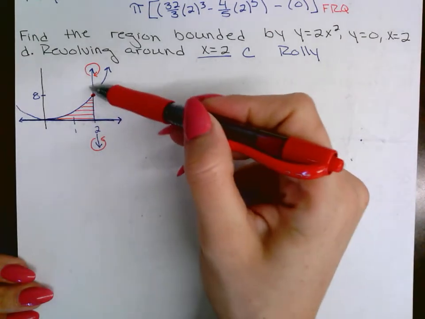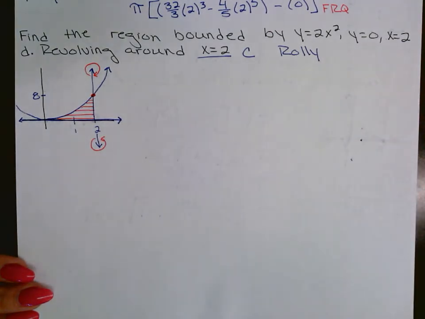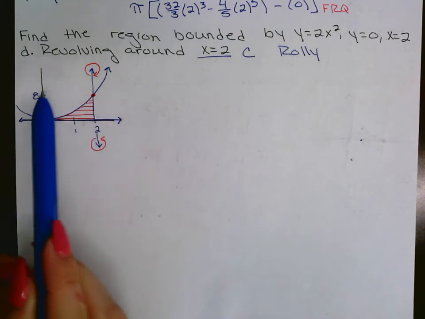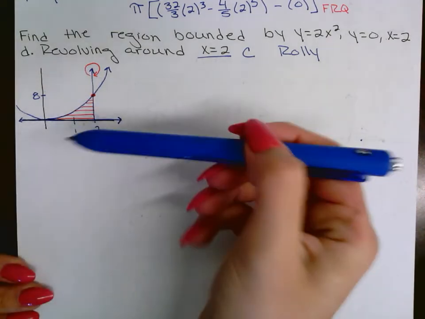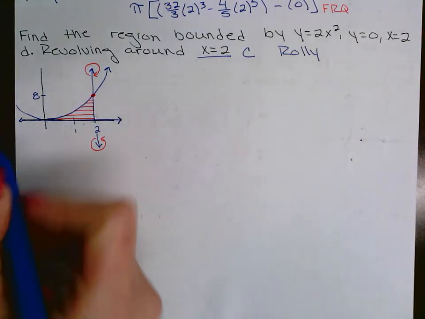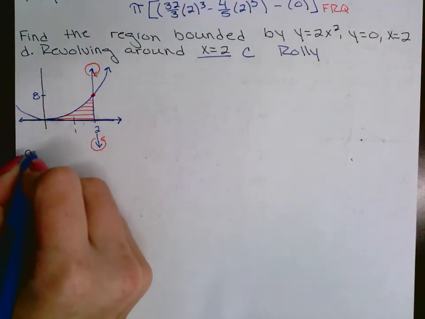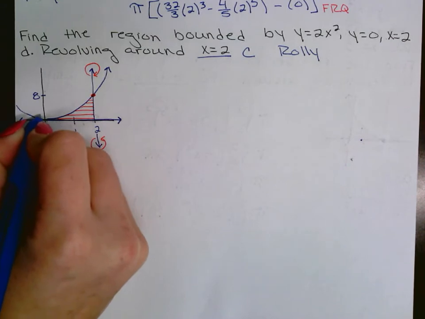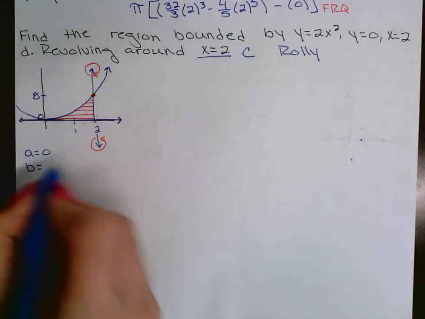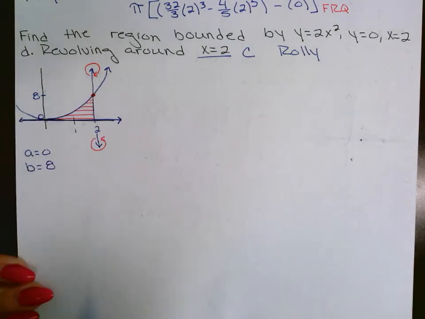So that 2 is my line of rotation. So if I am going Rolly and I'm rotating this way, horizontally, that means my bottom and top need to be bounded by y values. So who is my A? Good, my A is 0. And my B, what's the highest it can go? It goes to 8, okay?